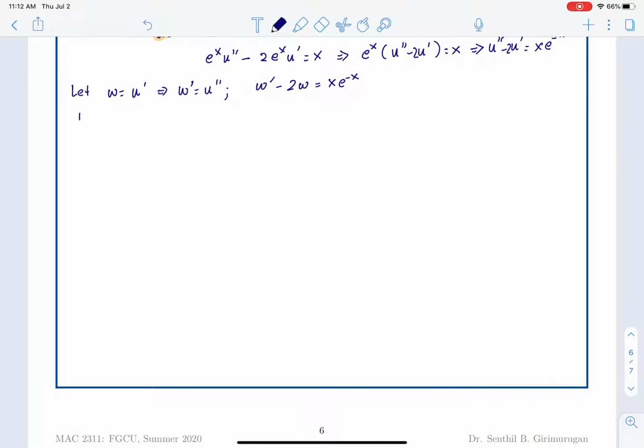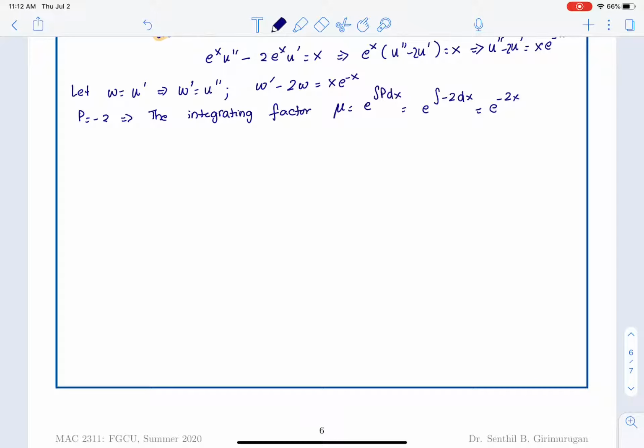So p here is negative 2, which should imply the integrating factor mu is e raised integral p dx, which is e raised integral negative 2 dx. And if we integrate it, we have e raised negative 2x.